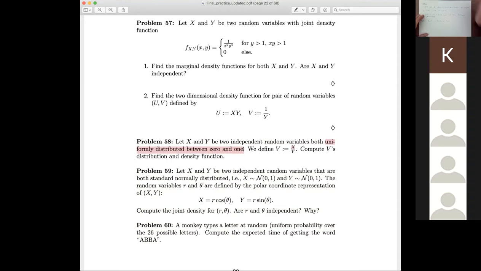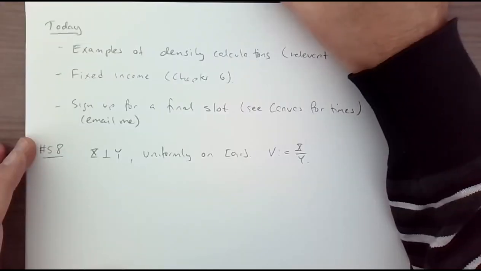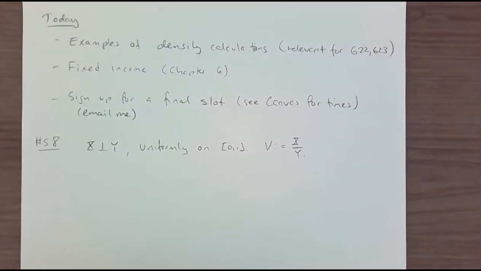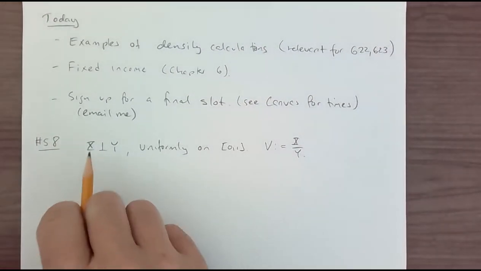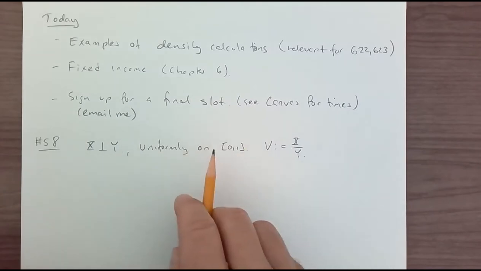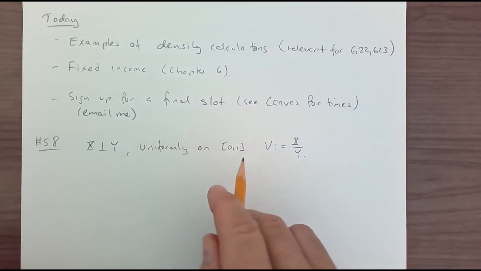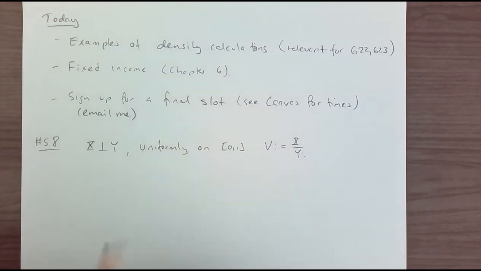Then there's a new random variable, v, which you set to be the ratio x over y. The question is, what is the distribution of v? So you have x and y, uniformly distributed and independent, and v, that new random variable, is given as the ratio between two uniforms.